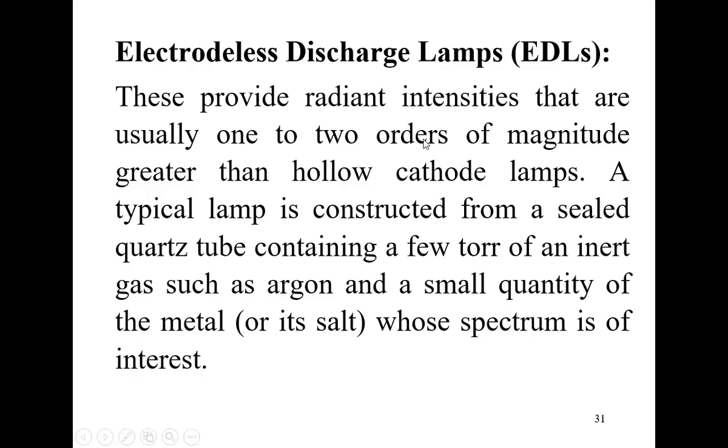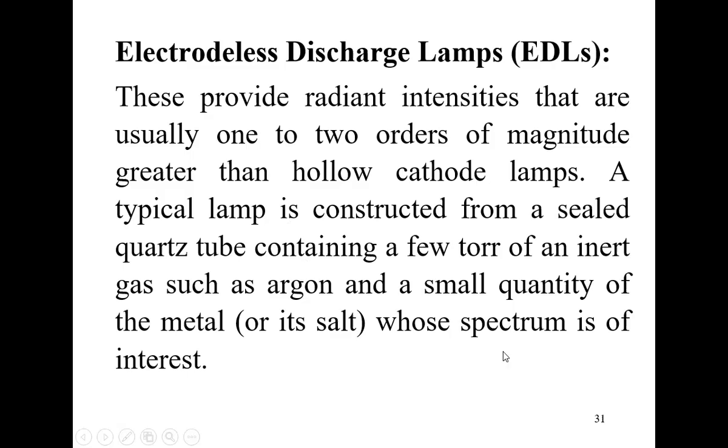Okay. So the electrode-less discharge lamps, EDLs, provide radiance intensities that are usually 1 to 2 orders of magnitude greater than the hollow cathode lamp. A little bit more intense. A typical lamp is constructed from a sealed quartz tube containing a few torr of an inert gas, such as argon, and a small quantity of the metal or the salt.